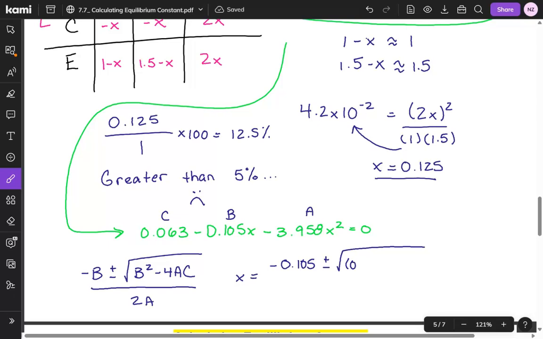So 0.105 squared, minus 4 times a, which is 3.958, times c, which is negative 0.063, all over 2a.